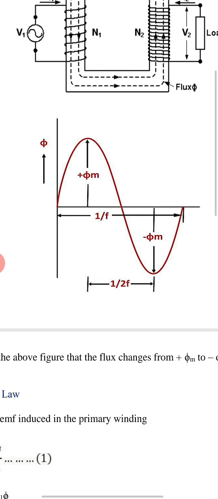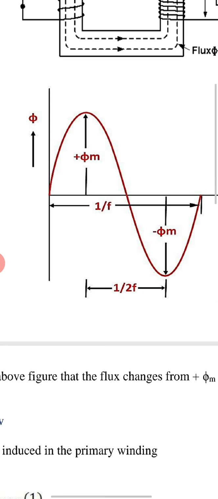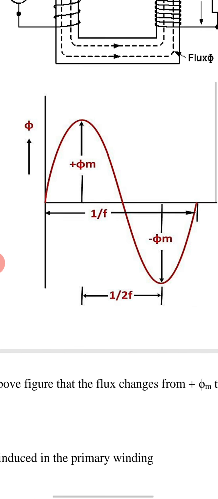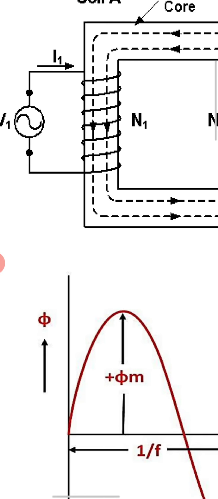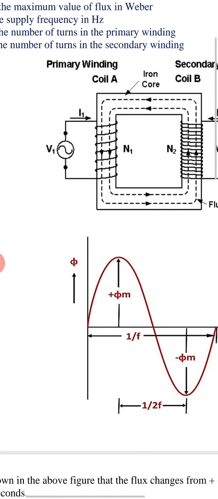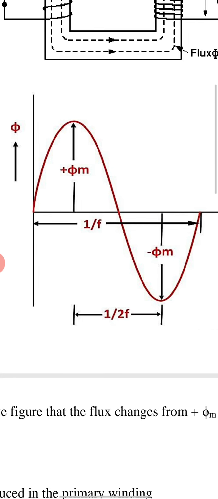Looking at the waveform of the flux, we can see that it is of alternating nature. Why is it so? Because we are supplying an alternating supply to the primary winding, so the flux which is set up is also of alternating nature.